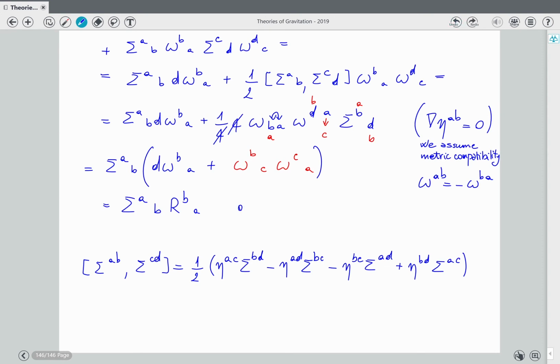Again, if you do not want to use the metric compatibility, the Bianchi identity will be this plus a correction which will contain the covariant derivative of the metric. It's hard not to assume metric compatibility in this form.